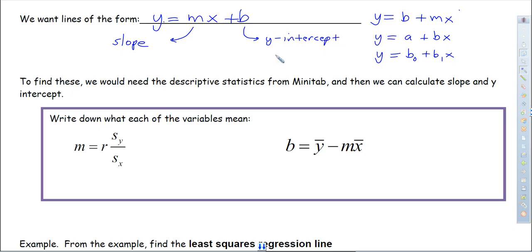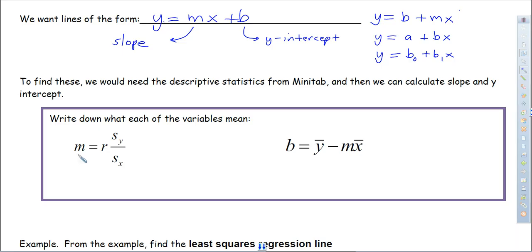So for the equation of a line, remember two things make up the equation: we have the slope and the y-intercept. To find these, we would need the descriptive statistics from, I'm using Minitab in this case, but you might use a different program, and then we can calculate the slope and the y-intercept. These are formulas to find the slope and the y-intercept of the best possible fit line.